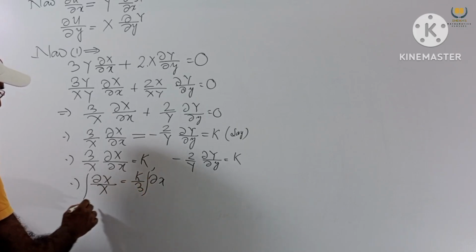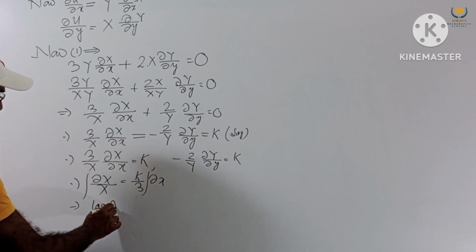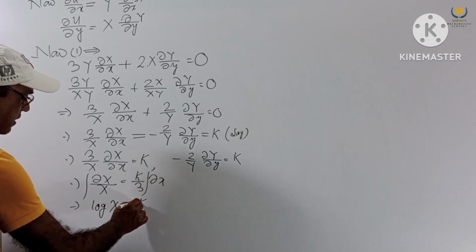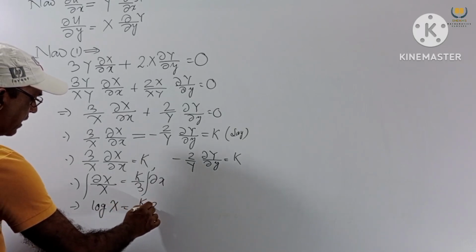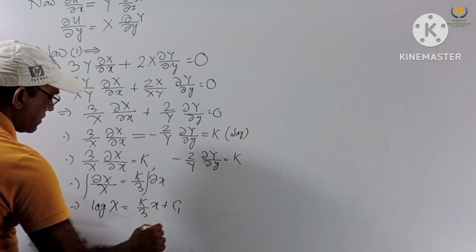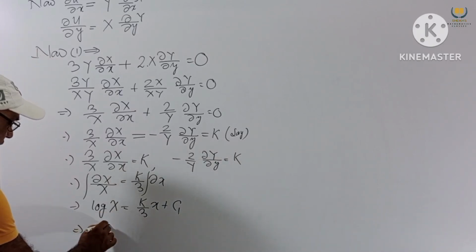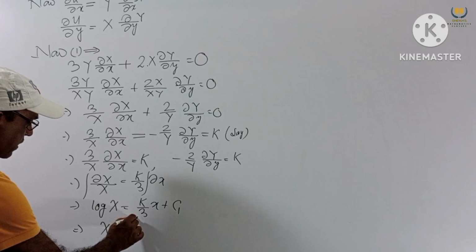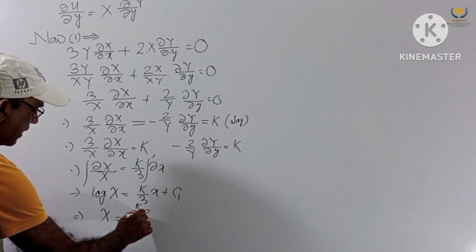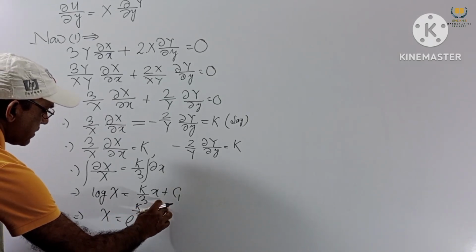If we integrate, then this is log X equal to k by 3 x plus c1, and X equal to e to the power k by 3 x plus c1.